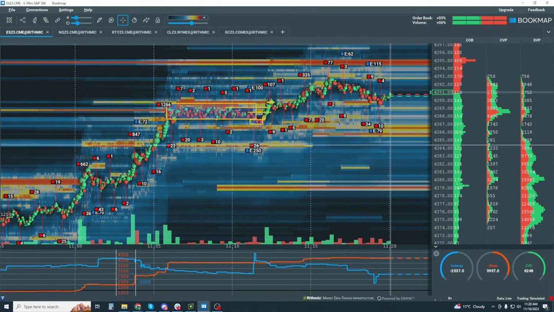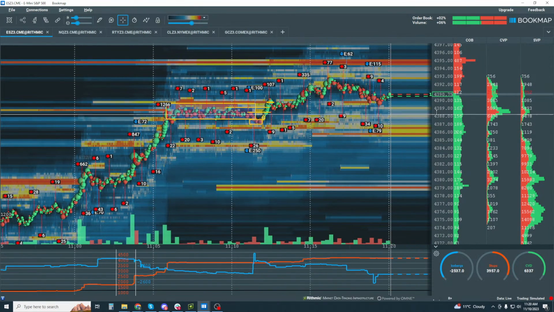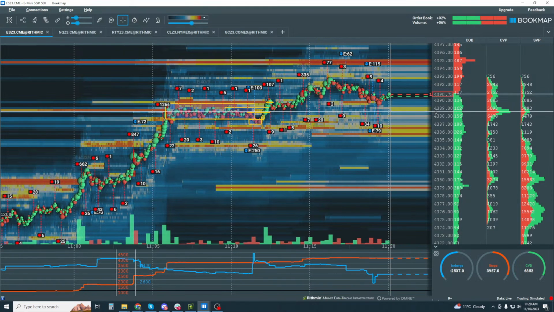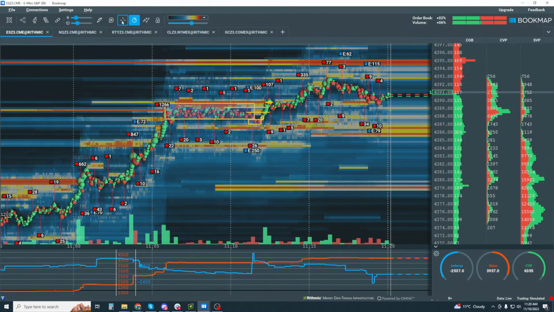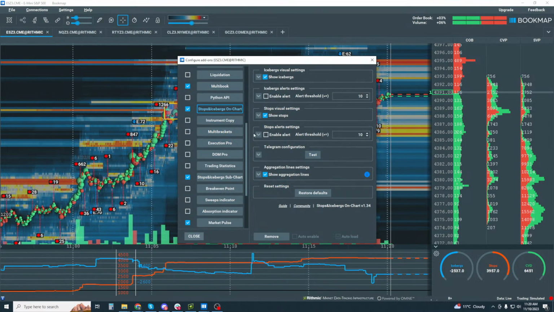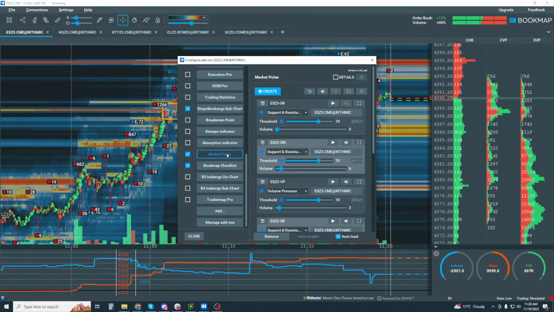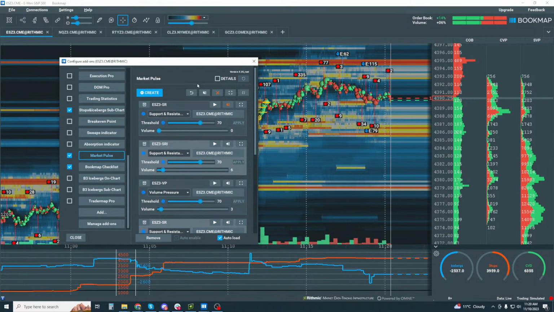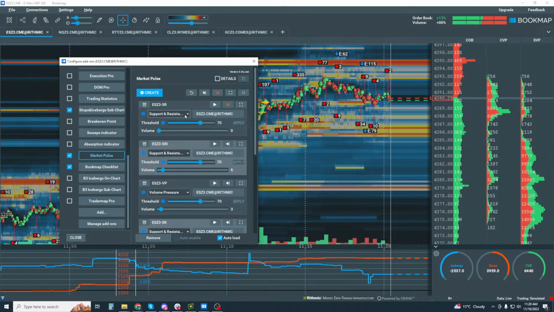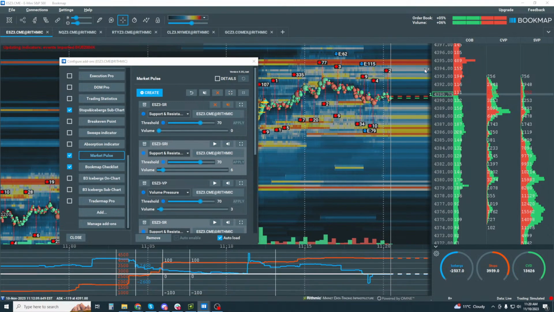Market Pulse, yes. All right, let's jump in. Let's put it on, guys. For those of you in the Bookmap Academy, you do get free access to this Market Pulse tool for the time being. We've got support and resistance here for the ES. Let's add that one.